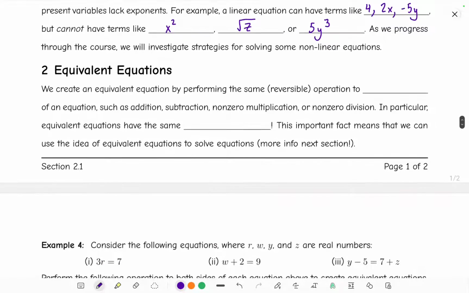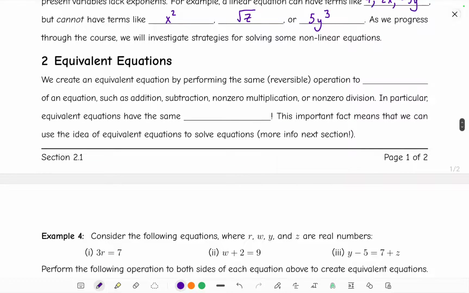Part 2. Equivalent equations. We create an equivalent equation by performing the same reversible operation to both sides of an equation, such as addition, subtraction, non-zero multiplication, or non-zero division.